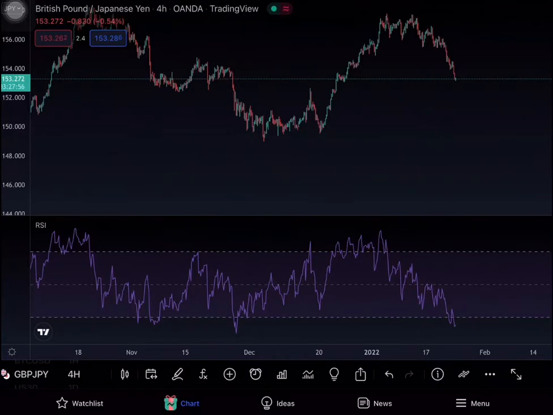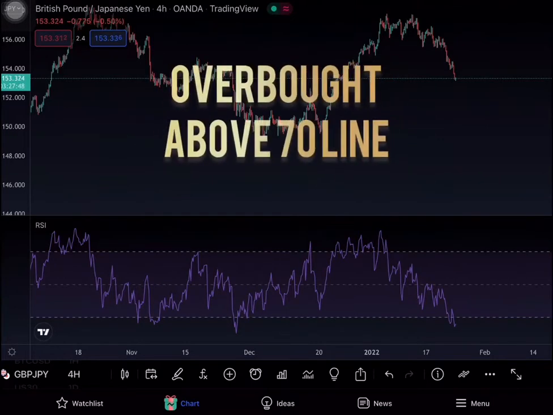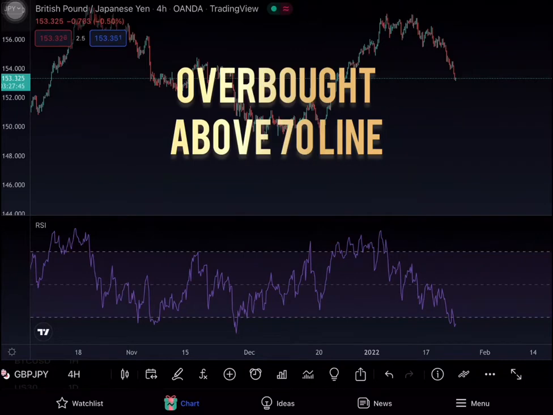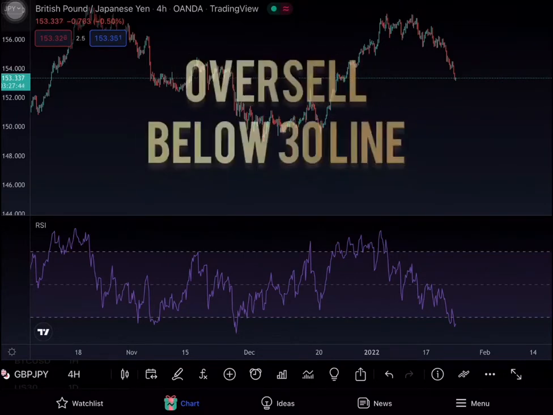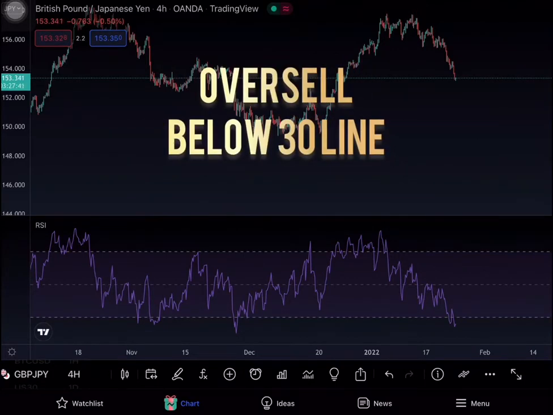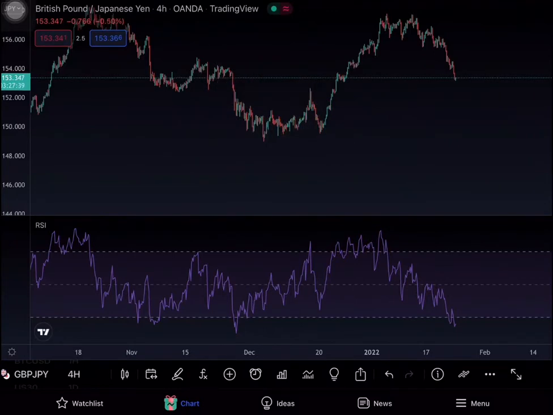And I will tell you how you should use the RSI. Above the 70 is overbought, and below the 30 is oversold. We should use the oversold area for the long position.